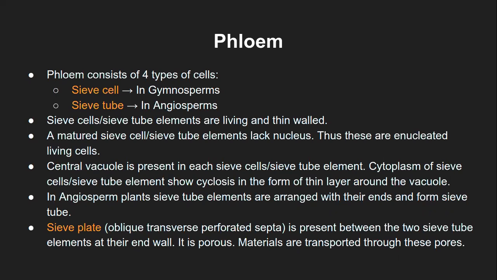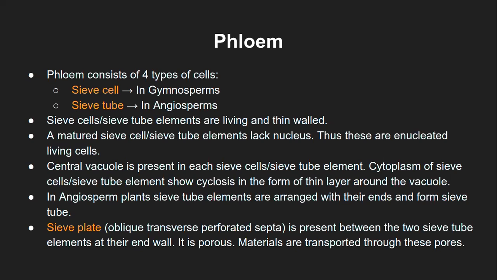In angiosperm plants, the sieve tube elements are arranged end to end and form the sieve tube. This is the same as in tracheids. Let's say you have a tube of 1 foot each, and you keep arranging one on top of the other and also next to it.